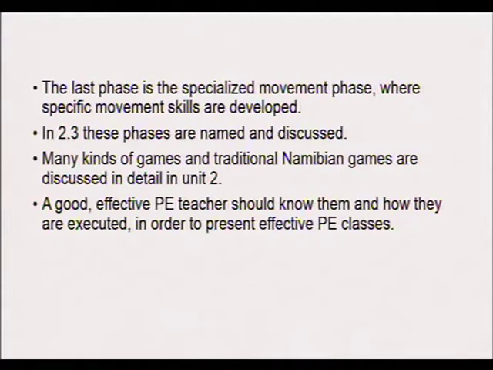For example, when walking and running, and that is about from 2 to 7 years of age. The last phase I'm going to look at is the specialized movement phase, where specific movement skills are developed. In 2.3, these phases are named and discussed. Make sure to know them.